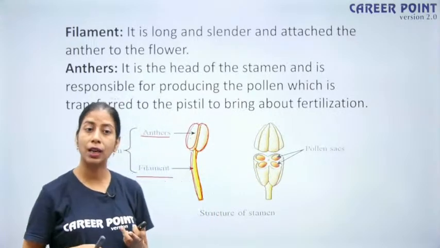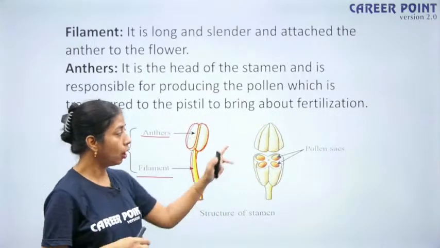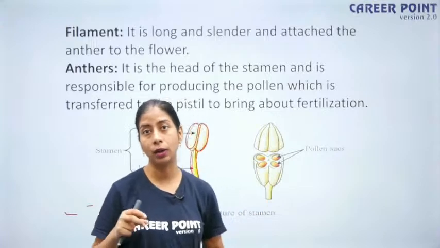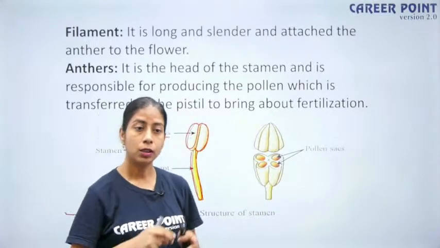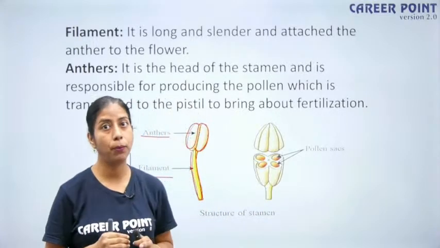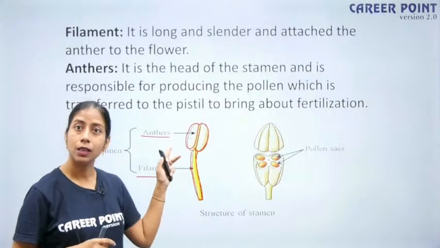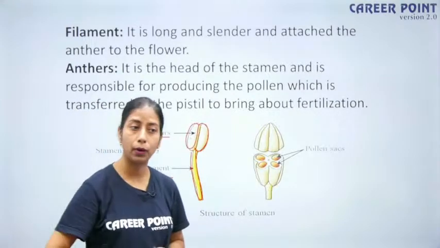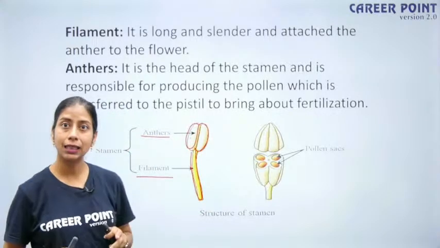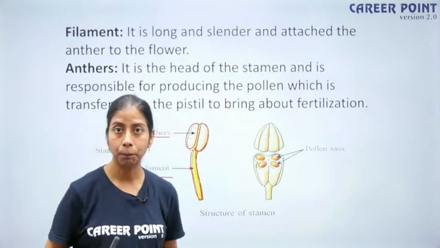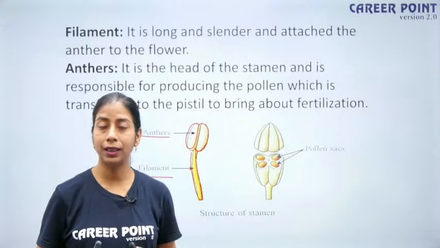Chambers are there known as pollen sac. और इस पोलन सैक के अंदर होंगे पोलन ग्रेन्स. So this is the place where the pollen grains are formed. So anthers are really very important, क्योंकि इन एंथर्स के अंदर पोलन ग्रेन्स बनेंगे.